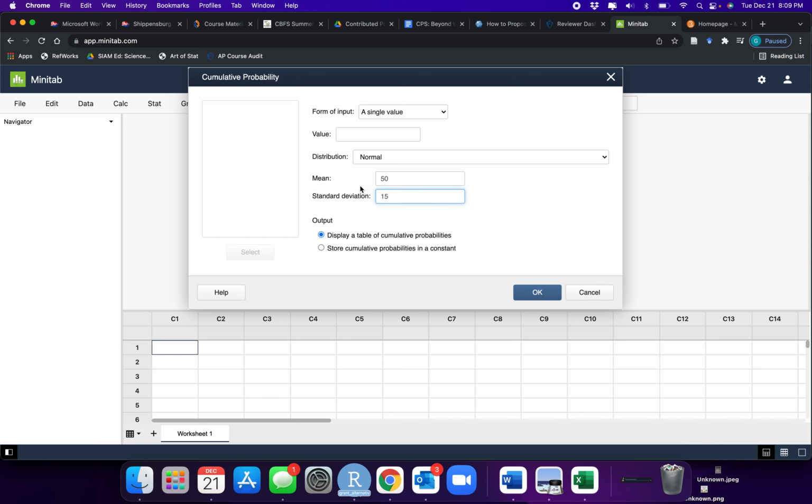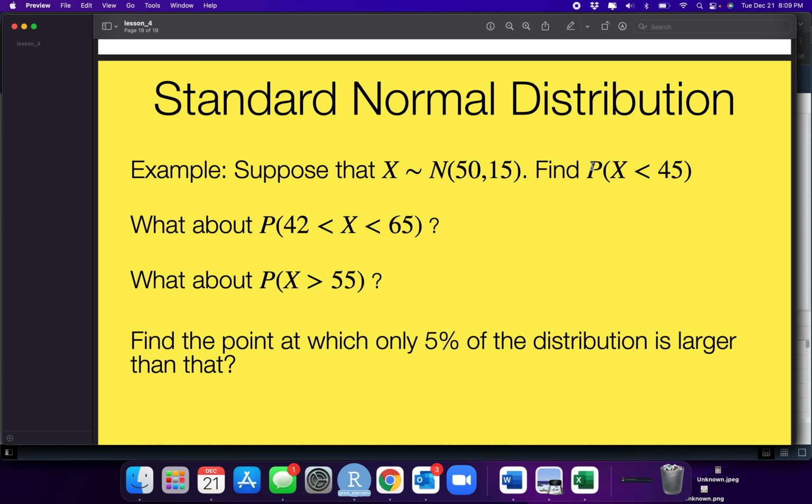And now the probability question I'm asking here is find the probability that a randomly selected value of x is less than 45. A cumulative distribution function, the button that we pushed, often called CDF, calculates the probability at and below a point, exactly this probability. At 45 and below.